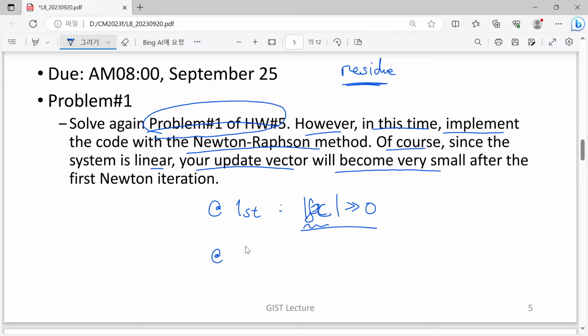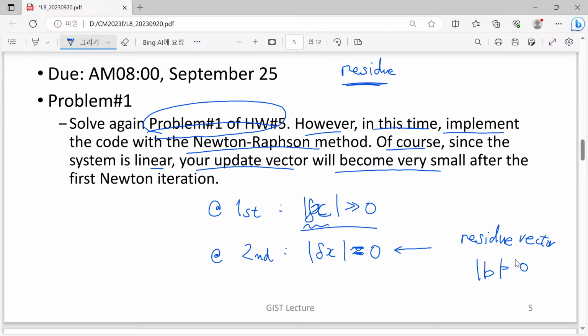However, the second time, your delta x would be quite small. So please note that in reality, you cannot get exact 0 here, because when you evaluate your residue vector b, due to numerical error or small numbers, your b vector itself is not 0.